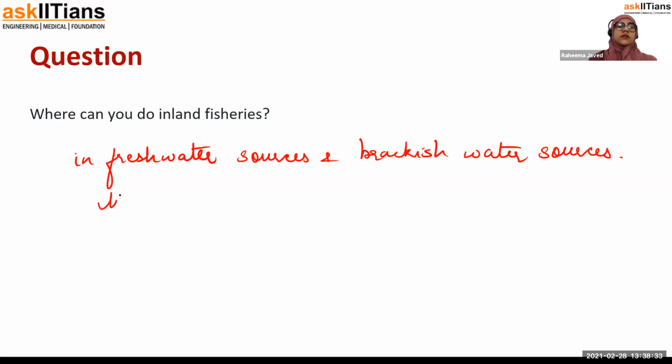Like river, pond, lakes, etc. Okay, but you have to understand that brackish water yield of fishes is very low. So low in the sense there will be less variety of fishes that can be cultured in the brackish water.